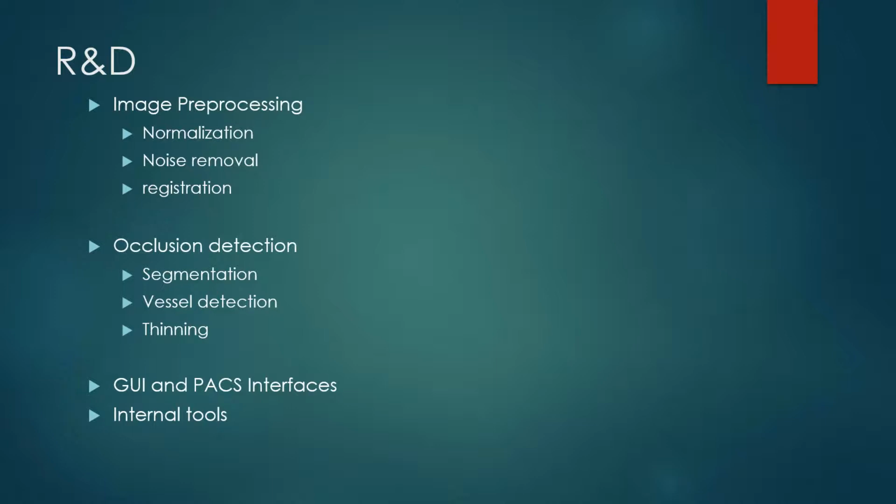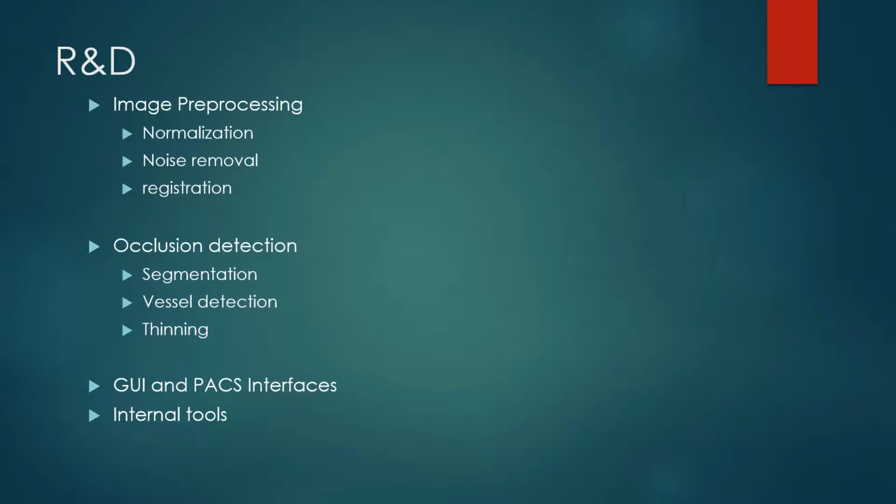It has multiple steps, including normalization, noise removal, and registration. Registration is the most important. These days you don't see a lot of noise from standard CT scanners, but registration is different, because there may be rotation and scaling issues in the patient images.